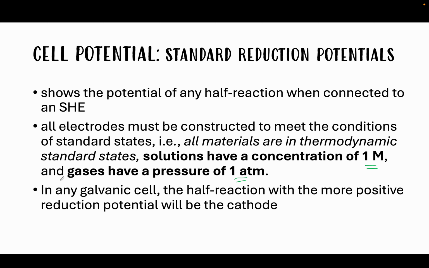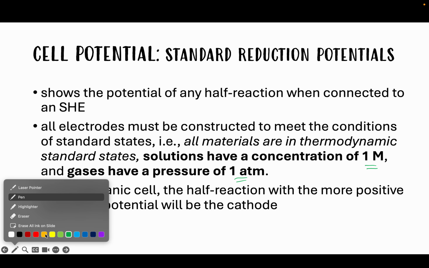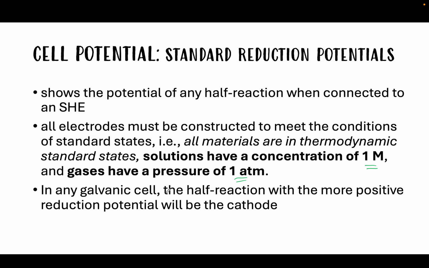And take note of this: in any galvanic cell, the half reaction with a more positive reduction potential value will be the cathode. So this is applicable for galvanic cells.